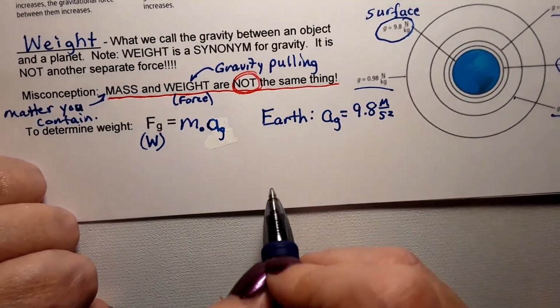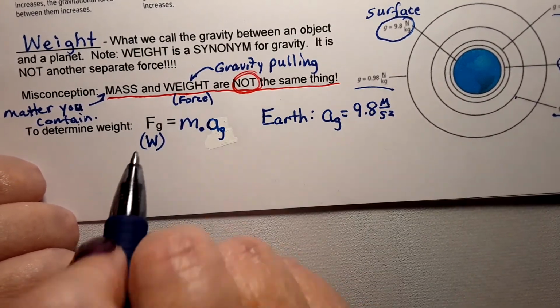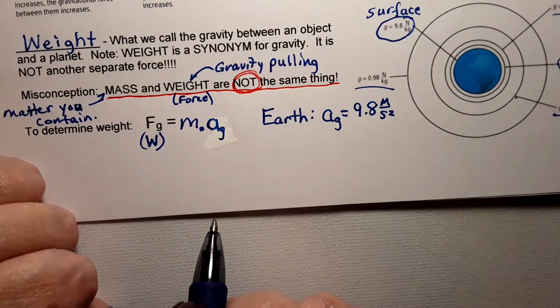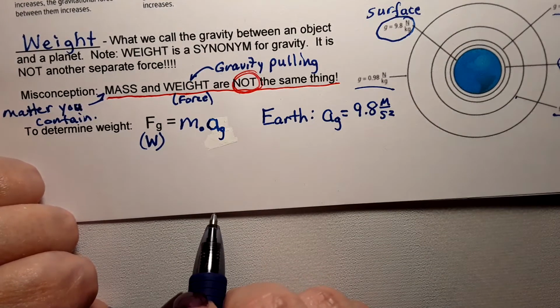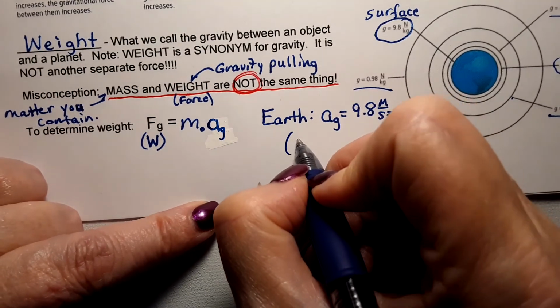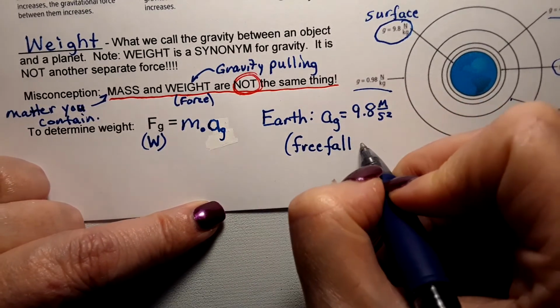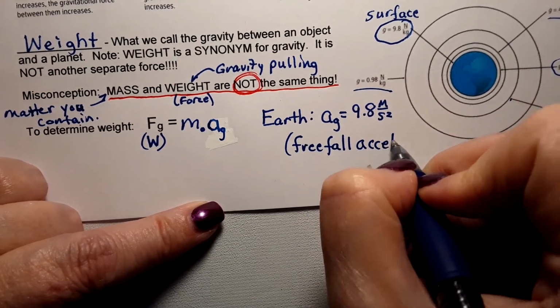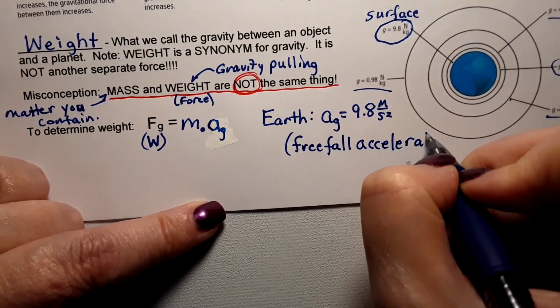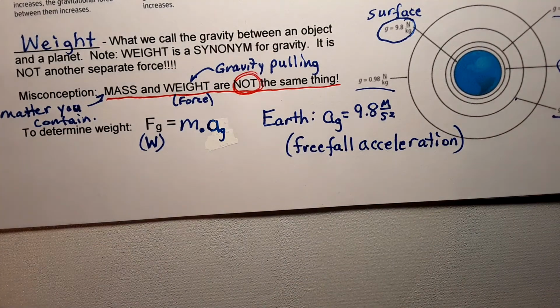And each planet has its own acceleration due to gravity when gravity is the only force acting on the object. In fact, that would make the object fall. We would call this the free fall acceleration. You remember I talked a little bit about free fall in chapter 2, just touched on it barely.